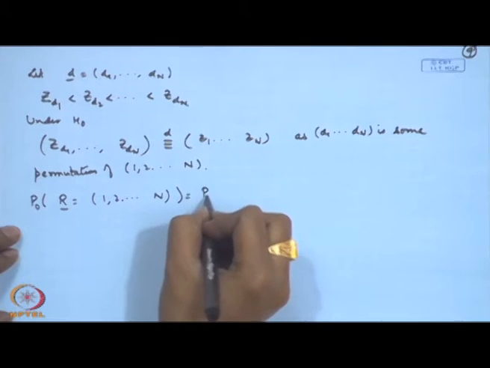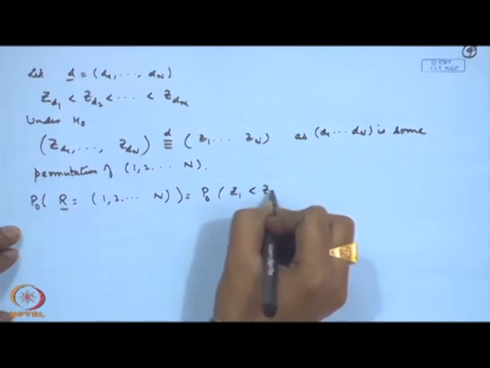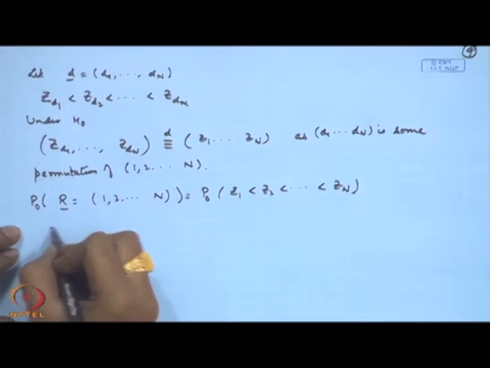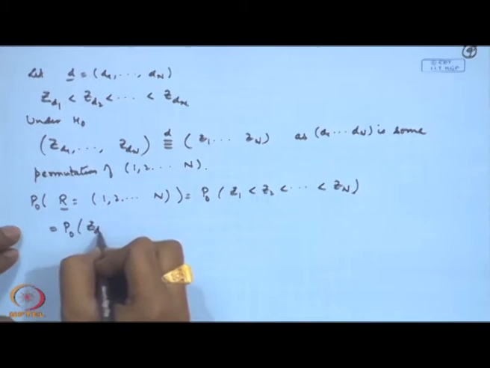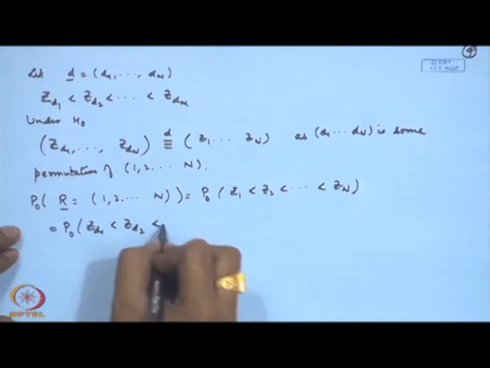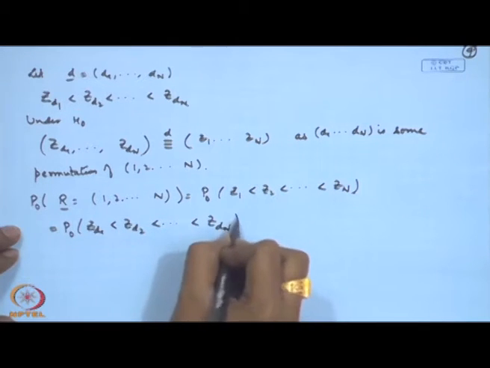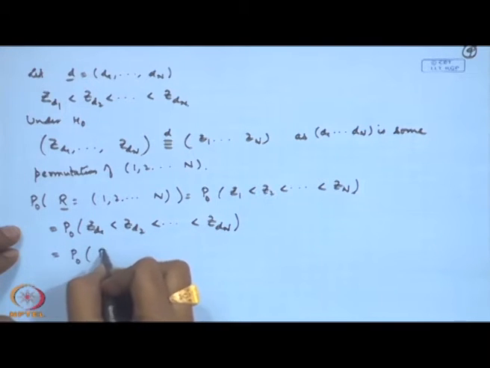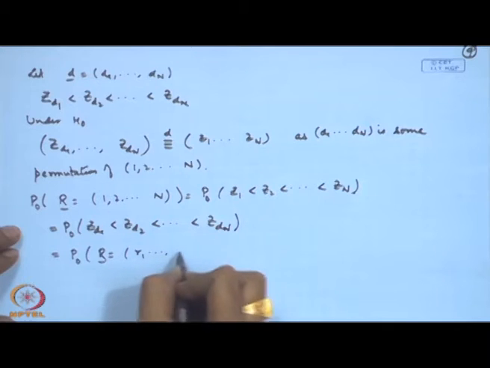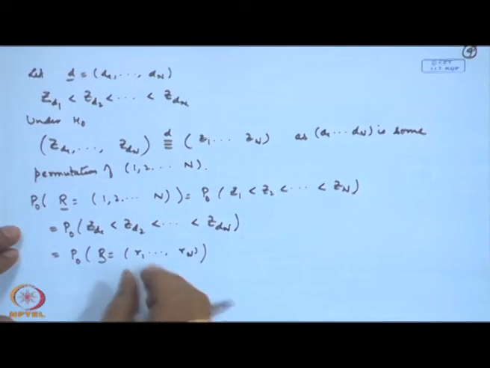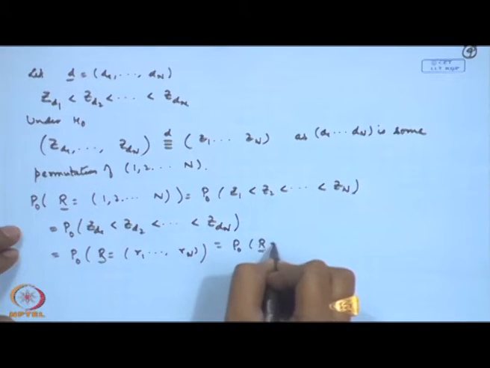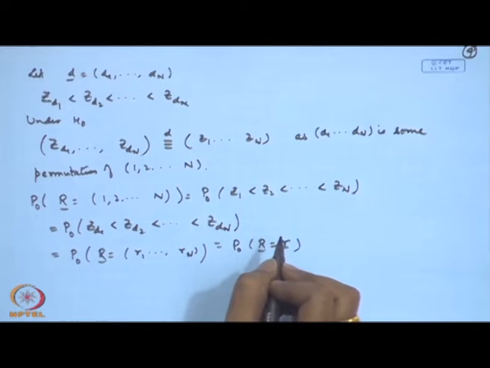That is equal to the probability of Z(D1) less than Z(D2) less than ... Z(Dn), because the distributions are the same, but this is nothing but the probability that R is equal to (r1, r2, ..., rn). That means for any permutation it is equal to the same probability. That means each of them will have the equal probability 1 by n factorial.